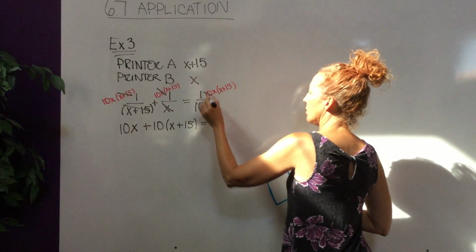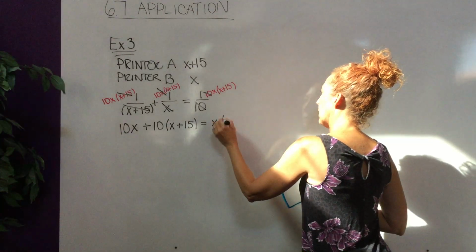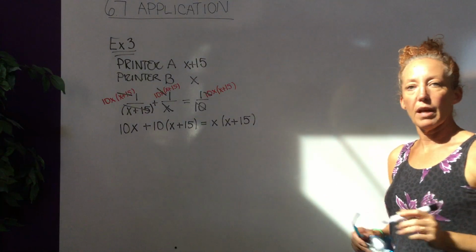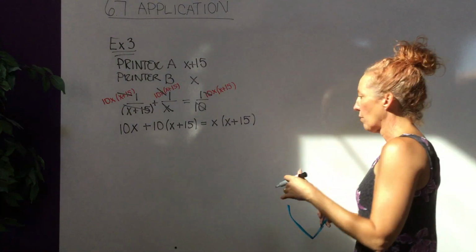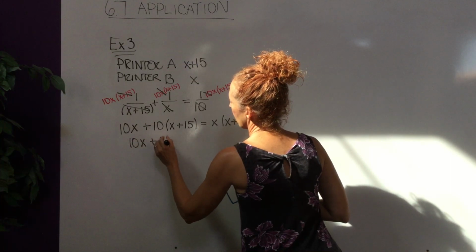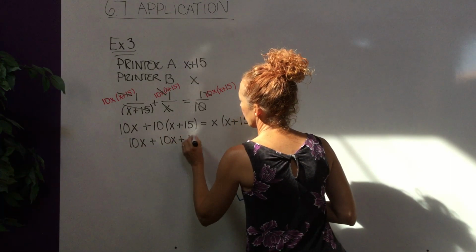And then here the 10s cross out, and you can go ahead and distribute right there on that step if you'd like, if you don't like to write one more thing and are always looking for that shortcut, or you can distribute.